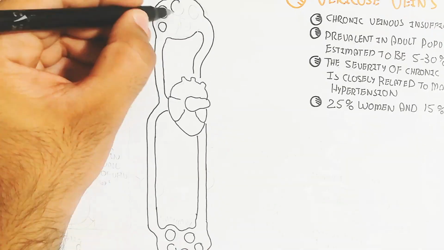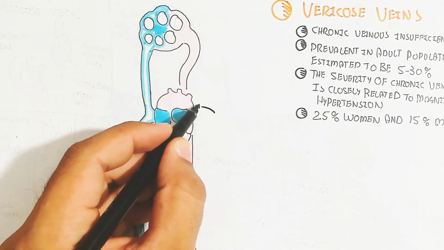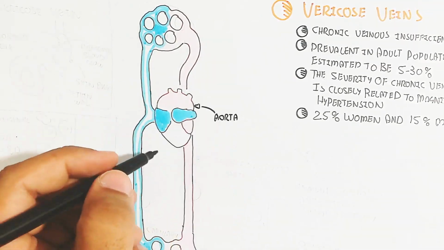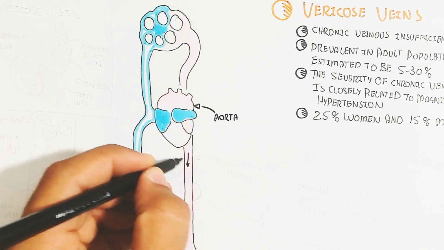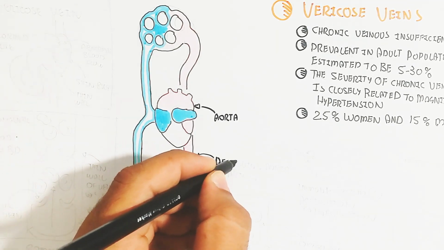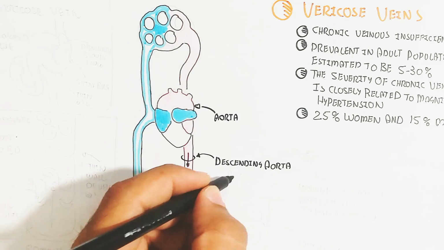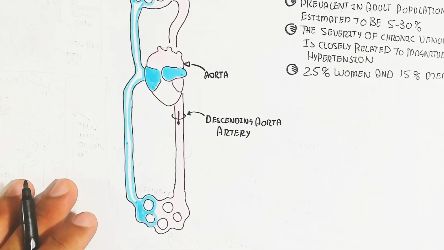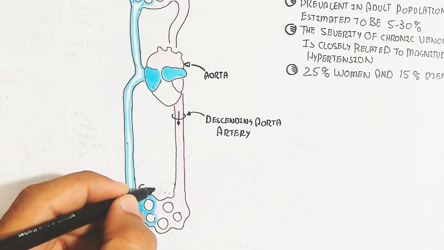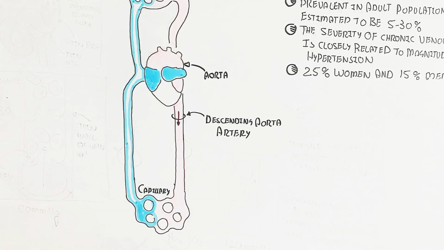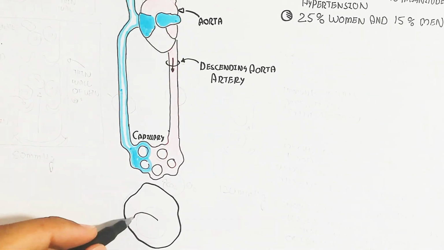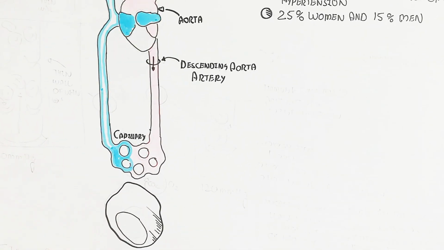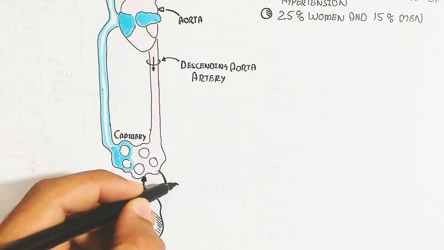Let's understand about the mechanism of the varicose vein. Our veins collect the deoxygenated blood toward the heart. This is the descending aorta, after the oxygenation through oxyhemoglobin, which provides the oxygen to the tissue, and the blood goes back toward the heart.